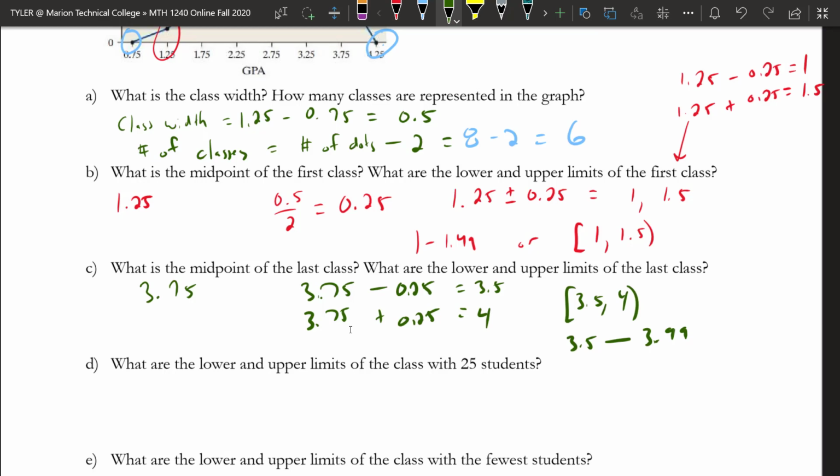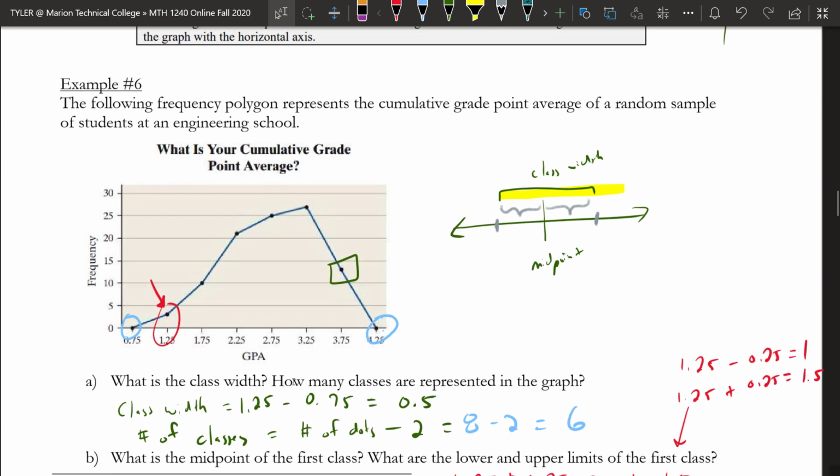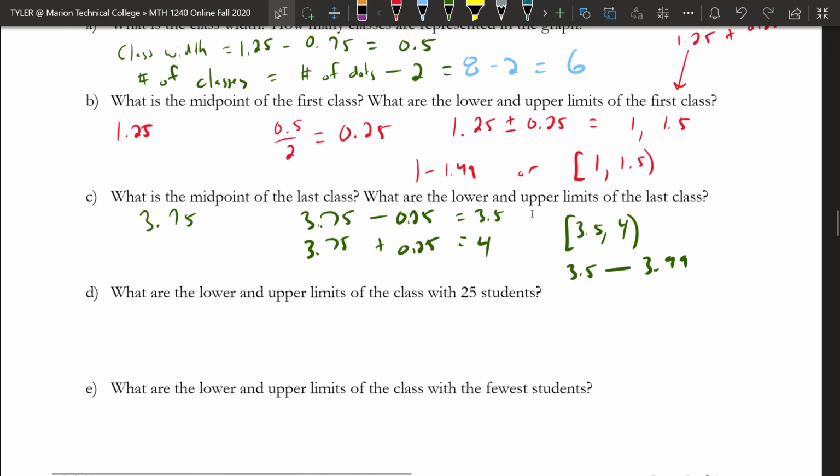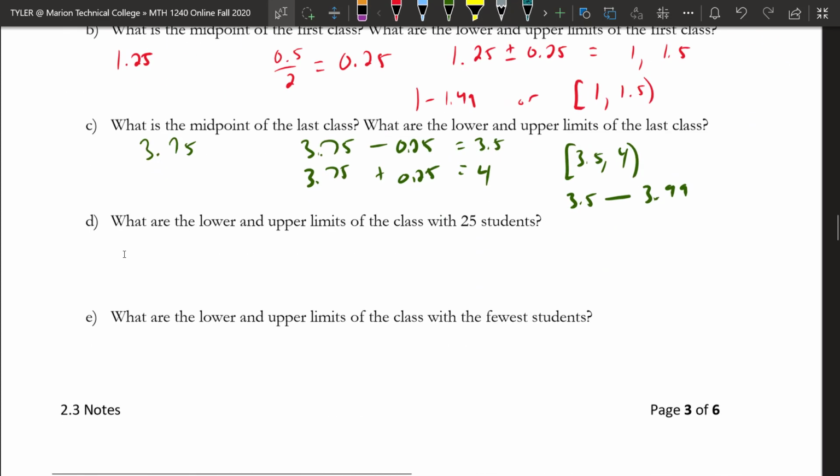And then part D says, what are the lower and upper limits for the class with 25 students? To find 25 students, we'd be looking for the frequency that matches up with 25, which would be this value here, and that has a midpoint of 2.75. It doesn't ask for that, but we need to know it to calculate this.